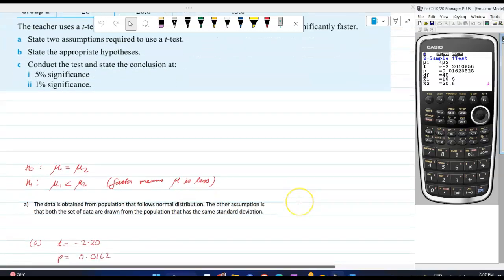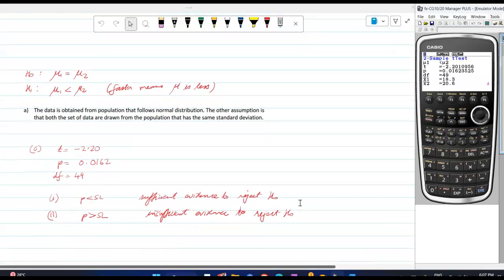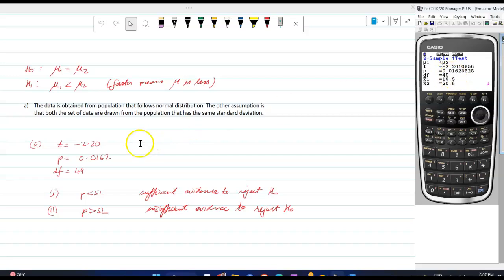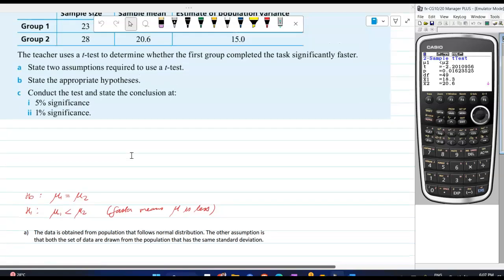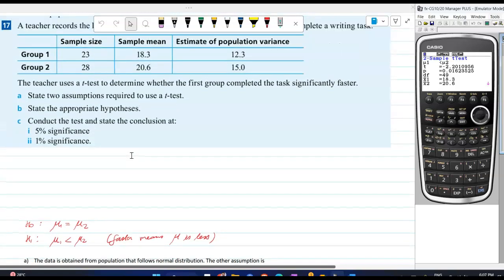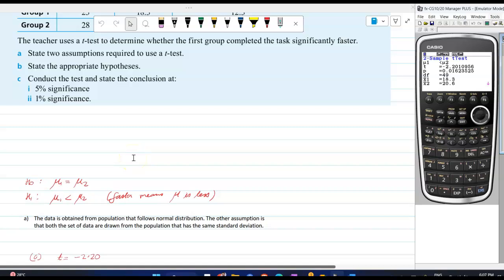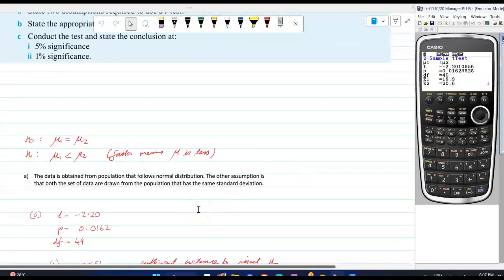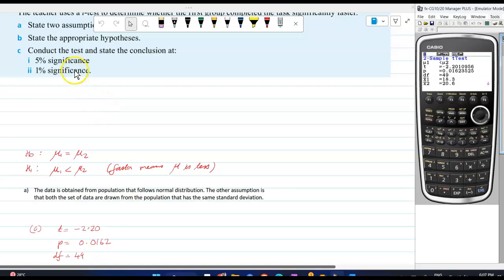So you write the t value minus 2.20 and the p value 0.0162. Now conduct a test and state your conclusion at 5%.